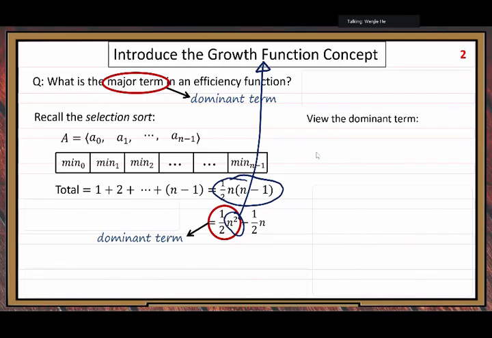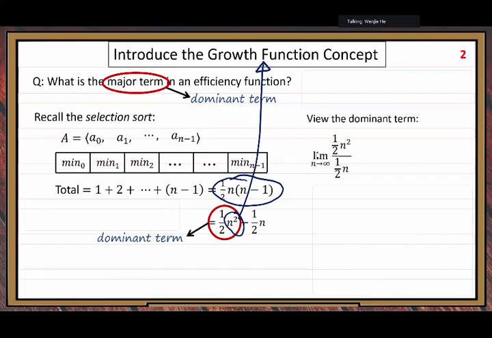All right. Then I want to show you how dominant the dominant term is. Here we take a calculation. Let's take the ratio of these two terms, the first term over the second term, and then look at its limit when n goes to infinity.